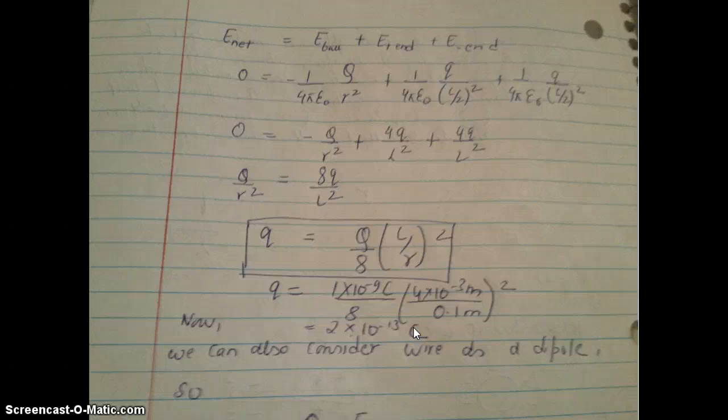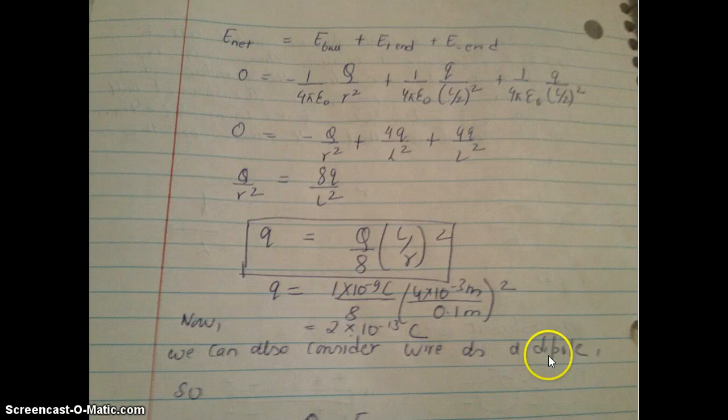Since we have been asked to calculate the force that the ball exerts on the wire, and we know from chapter 18 that the force can be obtained by the equation F equals Q, the charge of the ball, multiplied by the electric field at the wire.